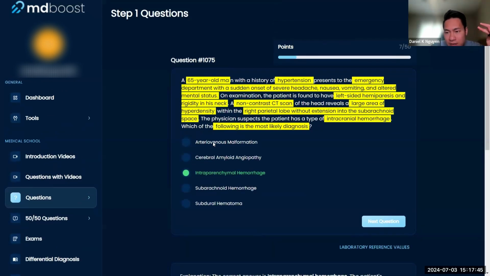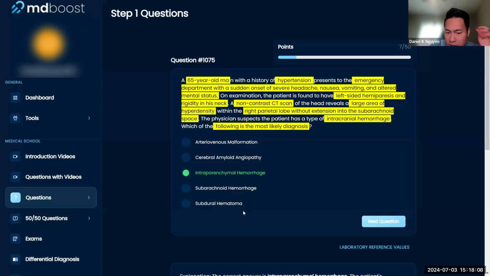AV malformation is unlikely here. Cerebral amyloid angiopathy usually involves some kind of amyloidosis, which the patient has no history of. Subarachnoid hemorrhage, like we said, is usually from berry aneurysms that rupture. A berry aneurysm is a saccular aneurysm on the circle of Willis that can rupture and cause subarachnoid hemorrhage.